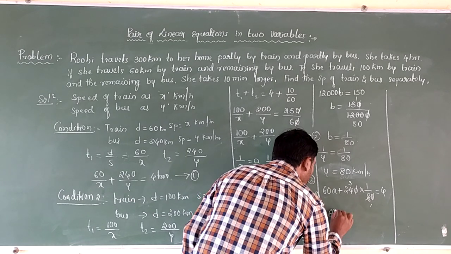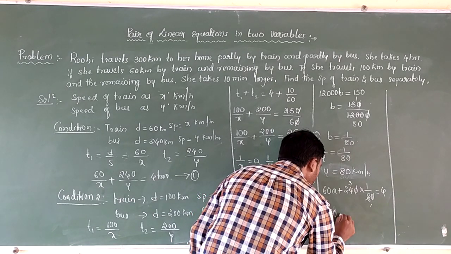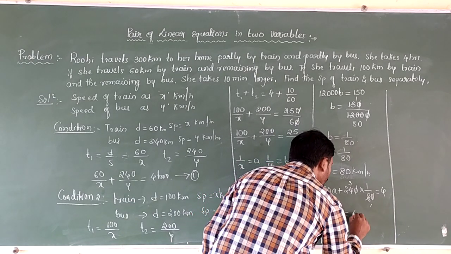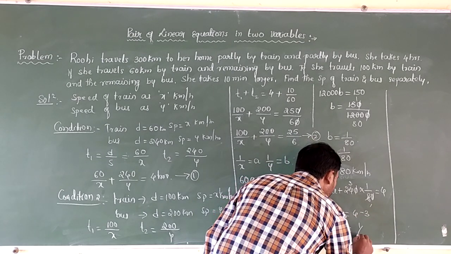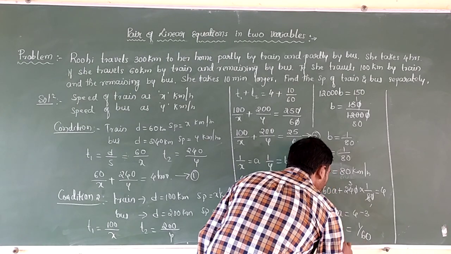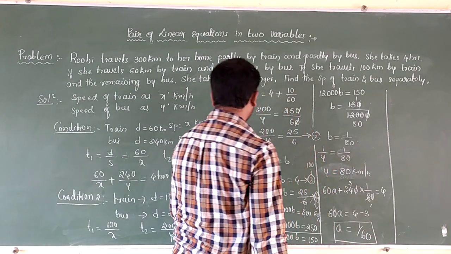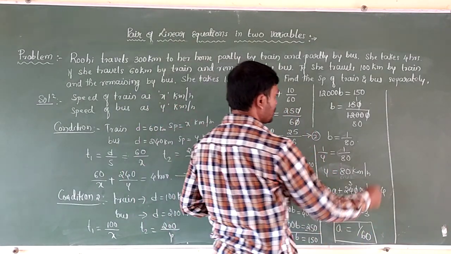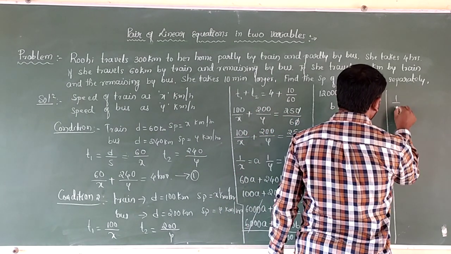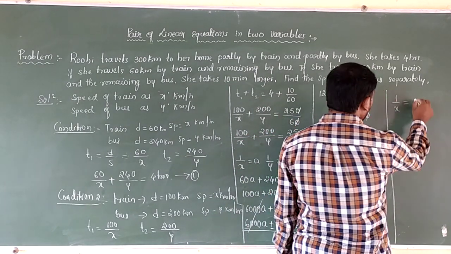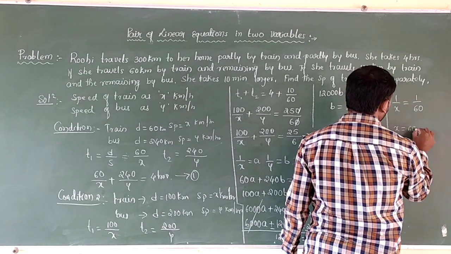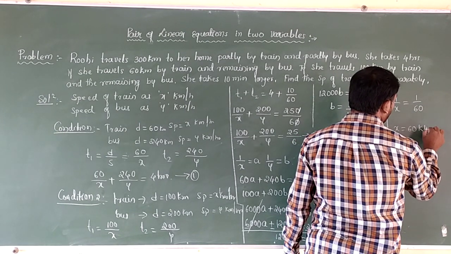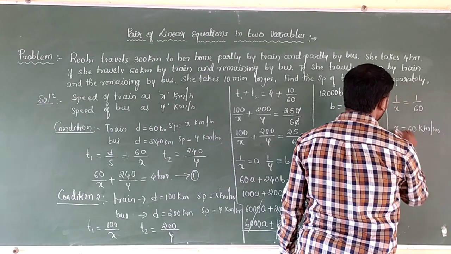So 60a is equal to 4 minus 3, a is equal to 1 by 60. So here a is 1 by x. 1 by x is equal to 1 by 60. So x is equal to 60 kilometers per hour.